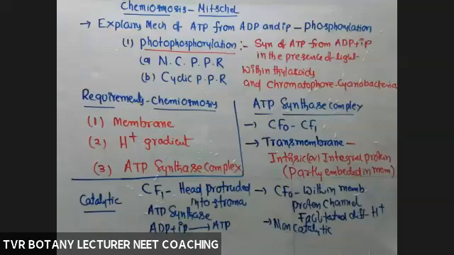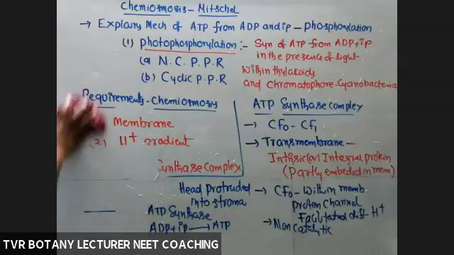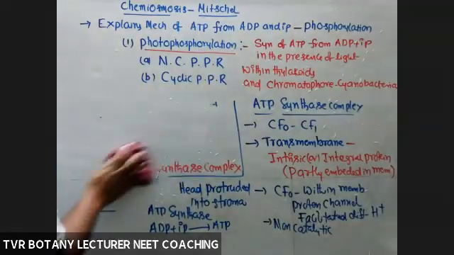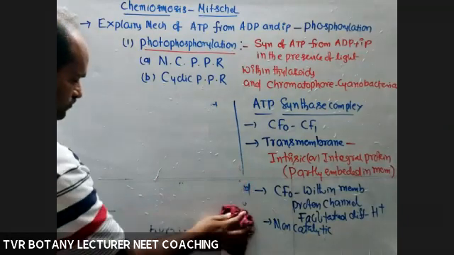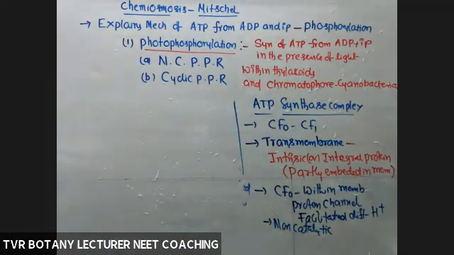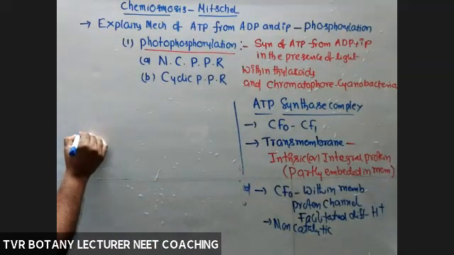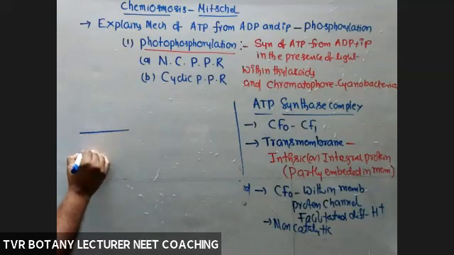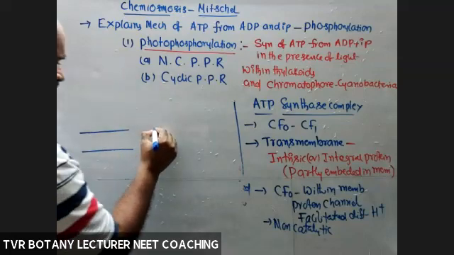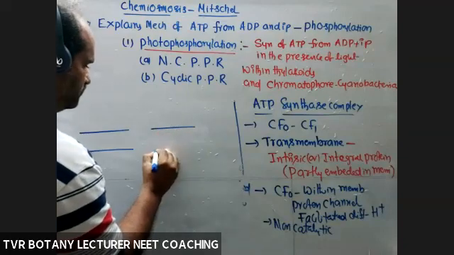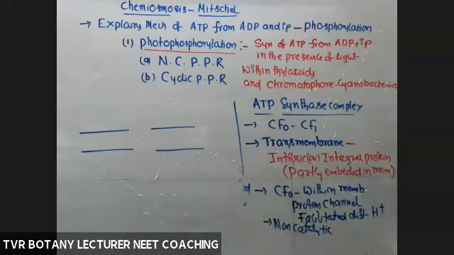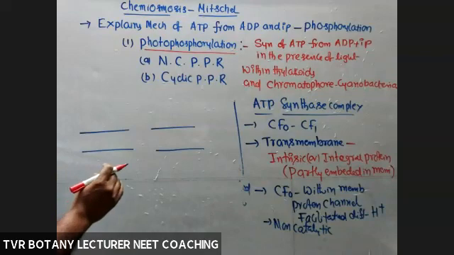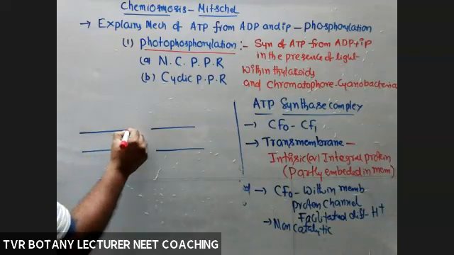Now, what about the diagram for ATP synthase complex? For example, this is a membrane. Here I'm taking chloroplast, thylakoid membrane, both grana and stroma thylakoids.